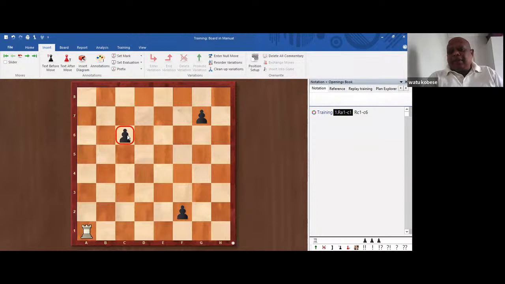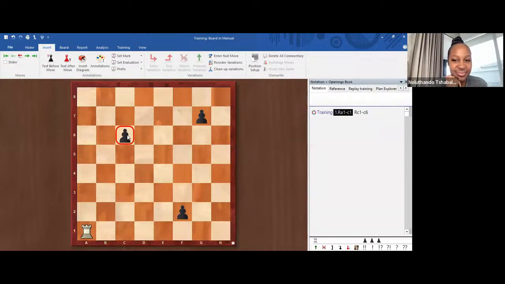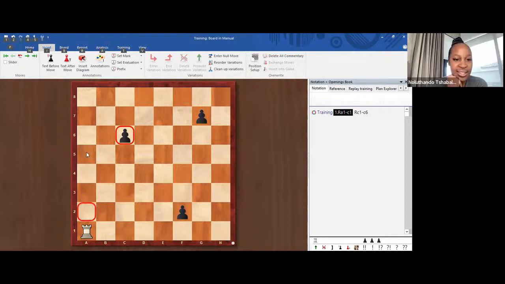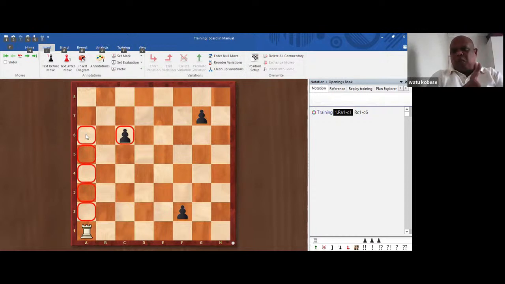So the castle or rook is able to move as long as it is open. For an example, there is no piece on any of those squares, right? It's wide open. So the rook can move and land on any of those squares in one go. Right? As well as these squares. The rook can move also on any of those squares and land on any of those squares in one go.